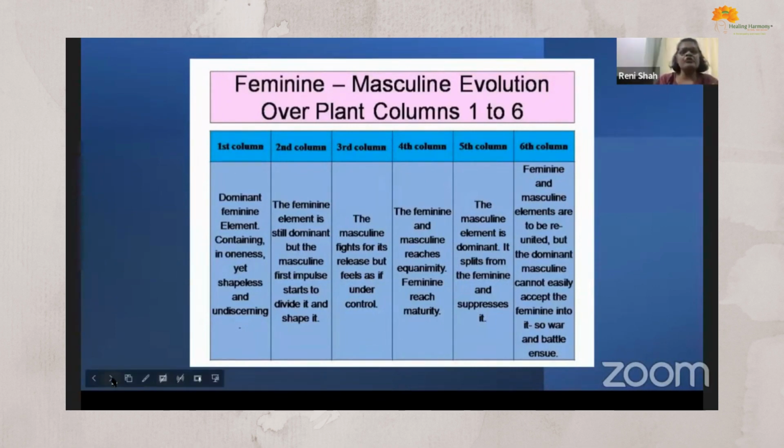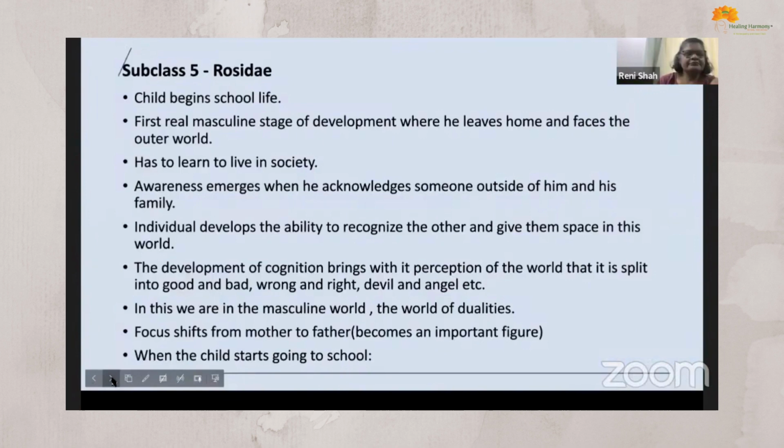As we go from the womb stage to the Apiales or the Umbelliferae, the feminine element is completely suppressed. In the womb stage, you will see a feminine element because it is still connected with the 4th column. You will see a feminine element, but as we go down and down, the feminine element will go away.